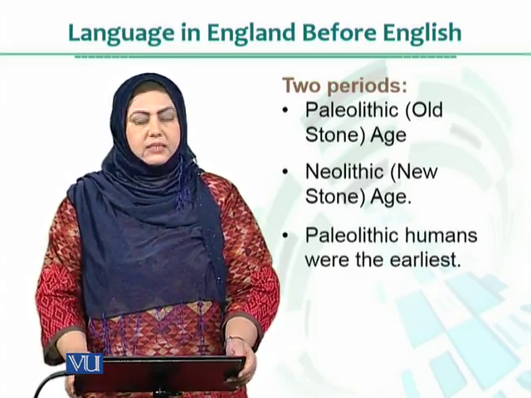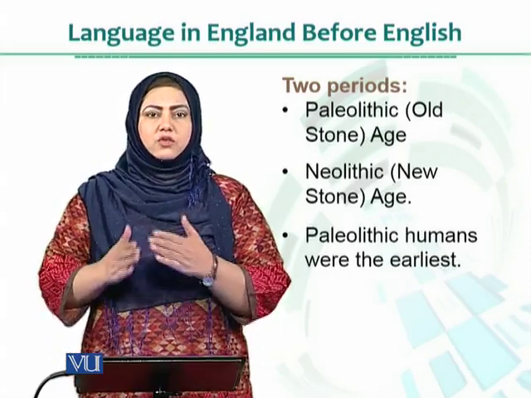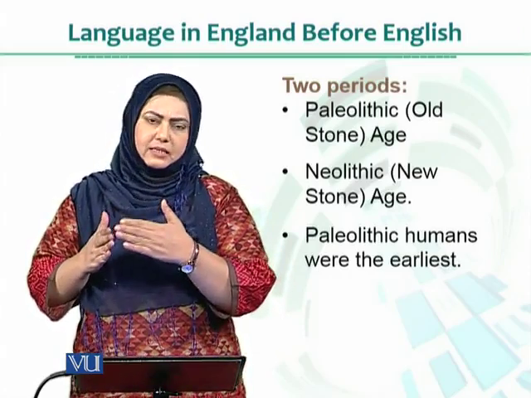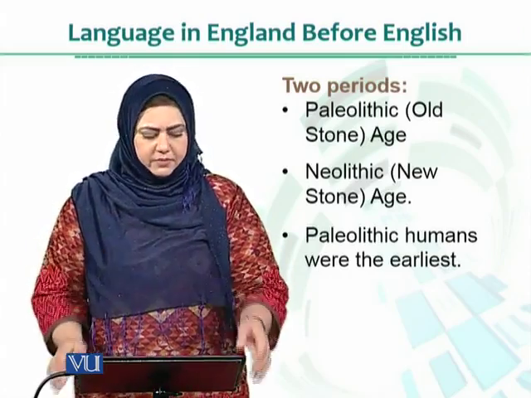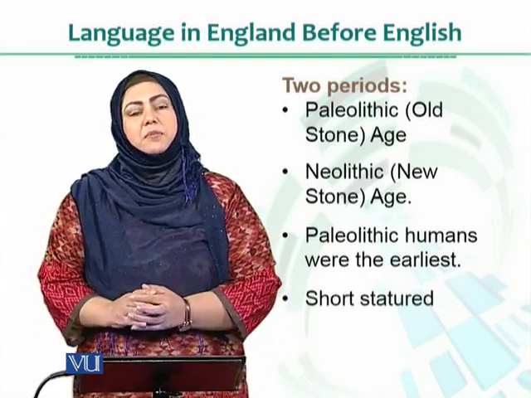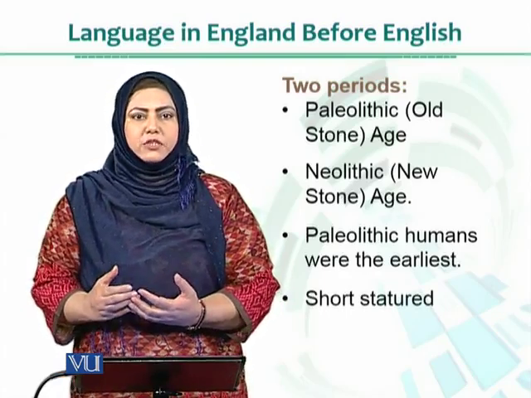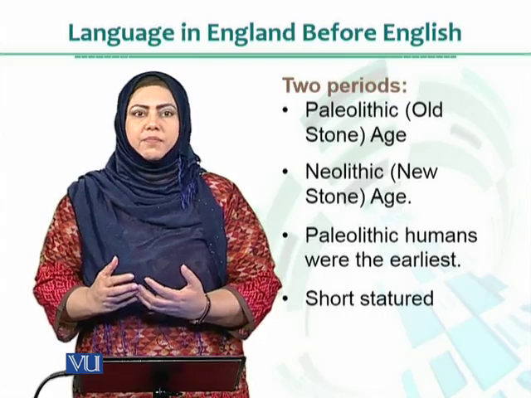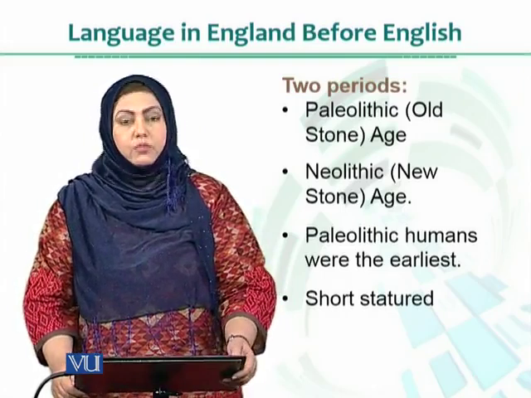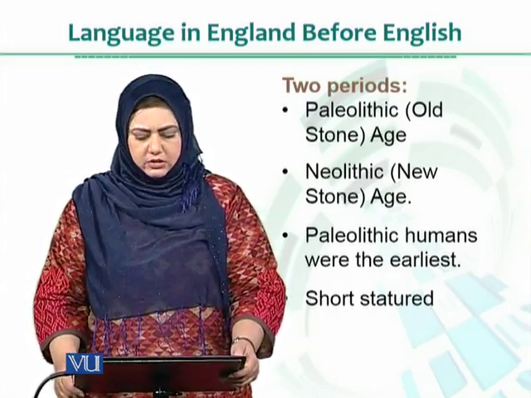These two periods are the divisions of the Stone Age. When we come to the Paleolithic humans, they were at the very early end of human history. These people had certain characteristics, certain body features, and a certain kind of culture in which they lived. In terms of physical appearance, they were short-structured.